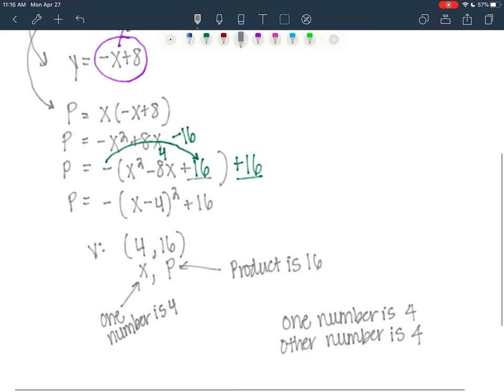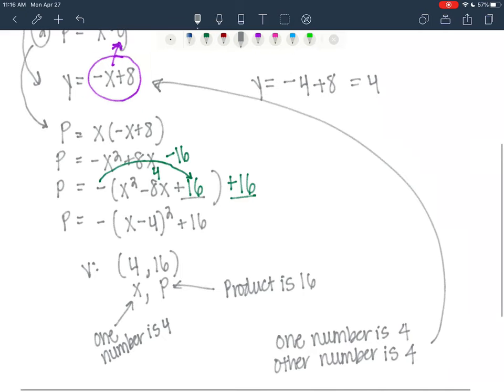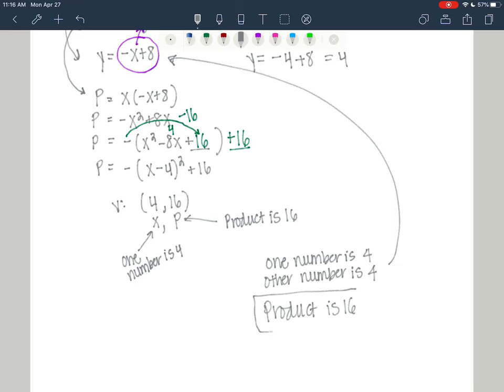We can confirm that by coming back over here and saying y is the other number. Instead of the opposite of x, the opposite of 4 plus 8, well, that's 4 as well. So both numbers are 4, and the product is 16. They wanted to know what the product was, so when we had this right here, we were done.